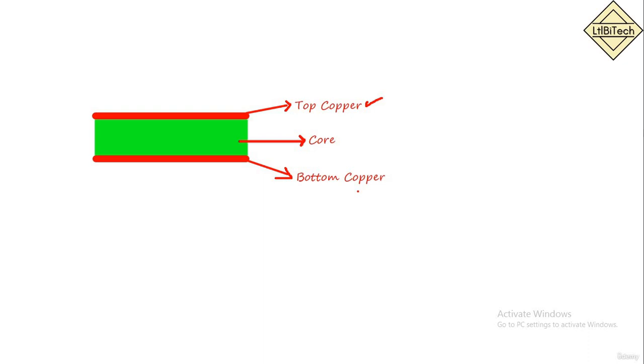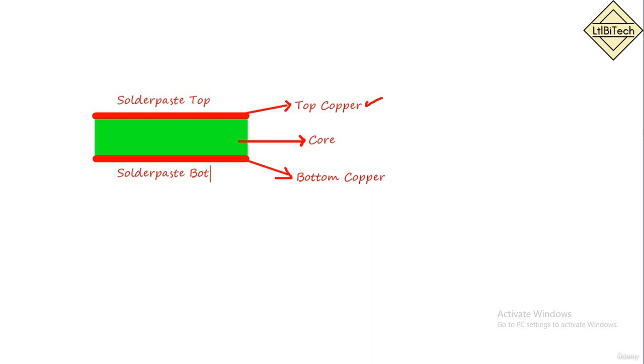Along with that, on top of it we will have the paste mask, also called solder paste, the paste mask or solder paste top, and on the bottom side we will have solder paste bottom layer, which is used for SMT components.